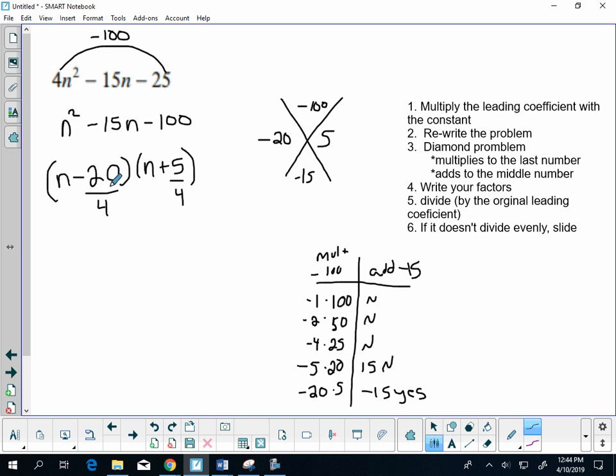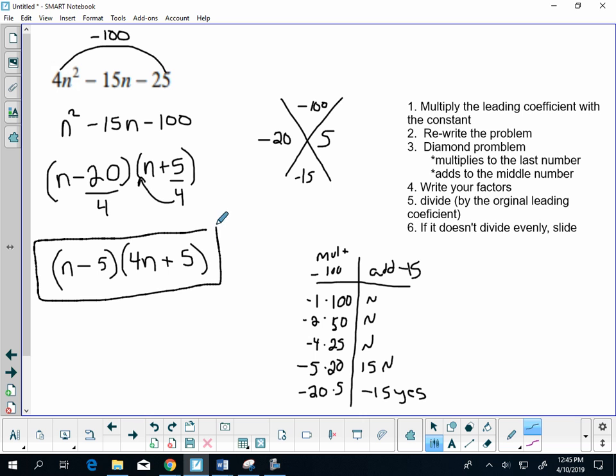Well, that can be reduced. 20 over 4 is 5, so I'm going to have n minus 5. That can't be reduced, 5 over 4, so I need to slide the 4 in front, and I'm going to get 4n plus 5. And there is my final answer.